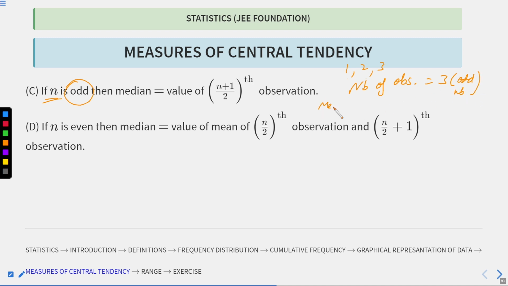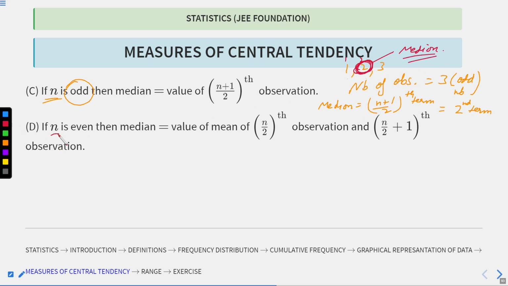Then my median will be the (n plus 1) by 2 term. That means 3 plus 1 by 2, which is 4 by 2, which is 2. So the second term is my median. I hope this is clear.